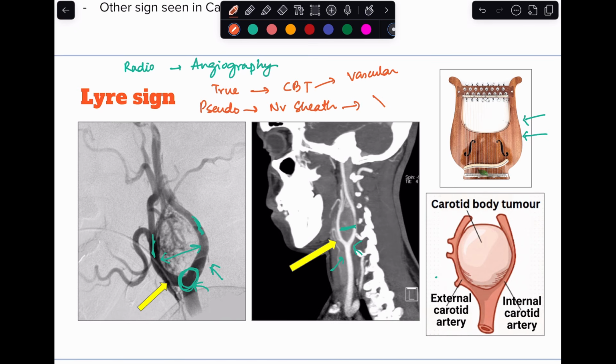And these tumors are not vascular at all. They just mimic this splaying behavior, but they are actually not vascular tumors.